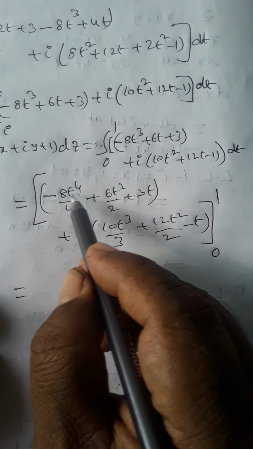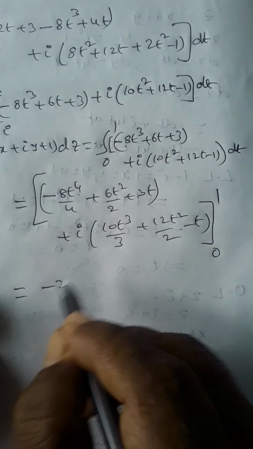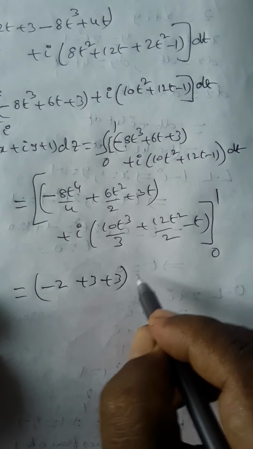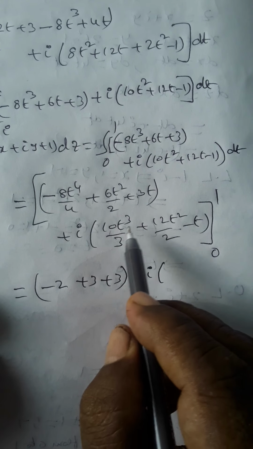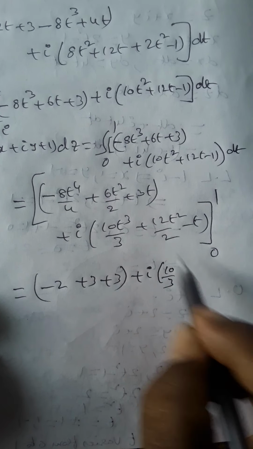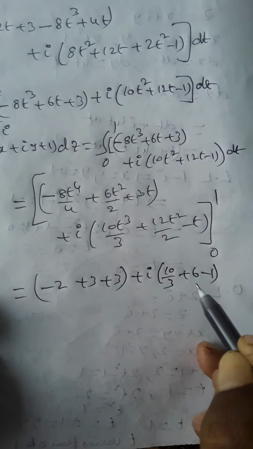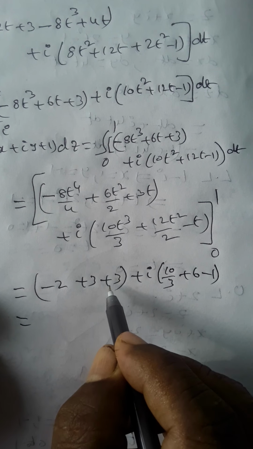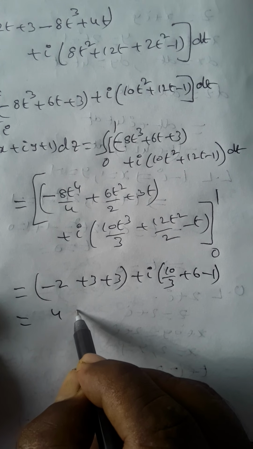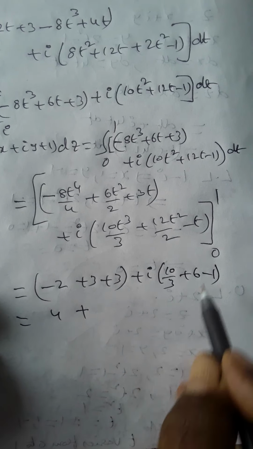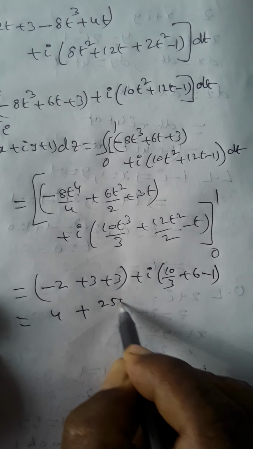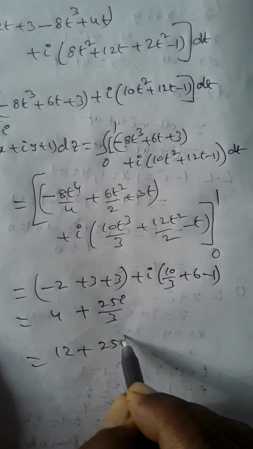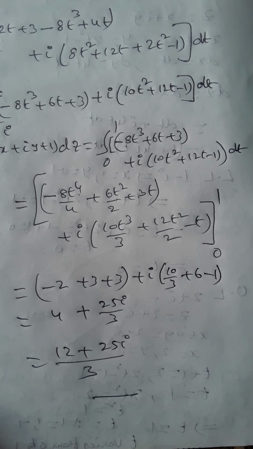Substituting 1 here: minus 8 by 4 minus 2 plus 3 plus 3, plus i into (10 by 3 plus 6 minus 1). Substituting 0 we get 0 for the lower limit. So 6 minus 2, 4, plus 25i by 3, that is 12 plus 25i by 3. This is the final answer.